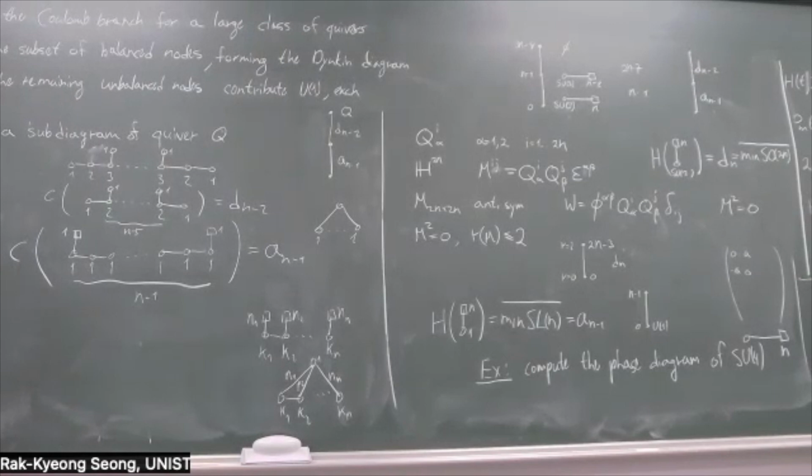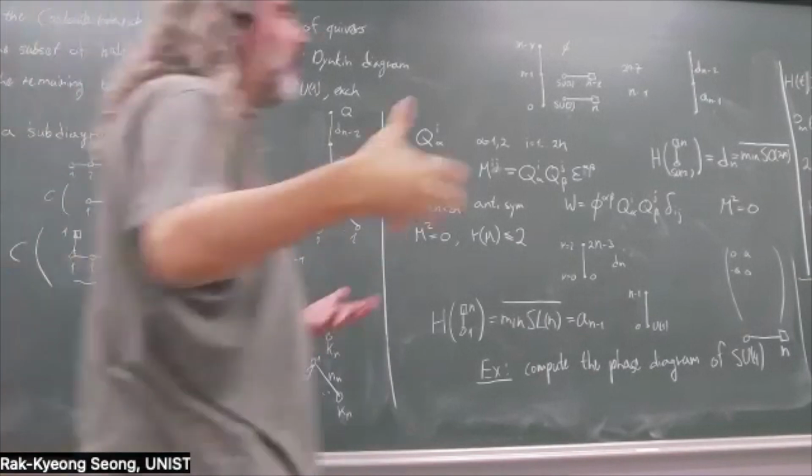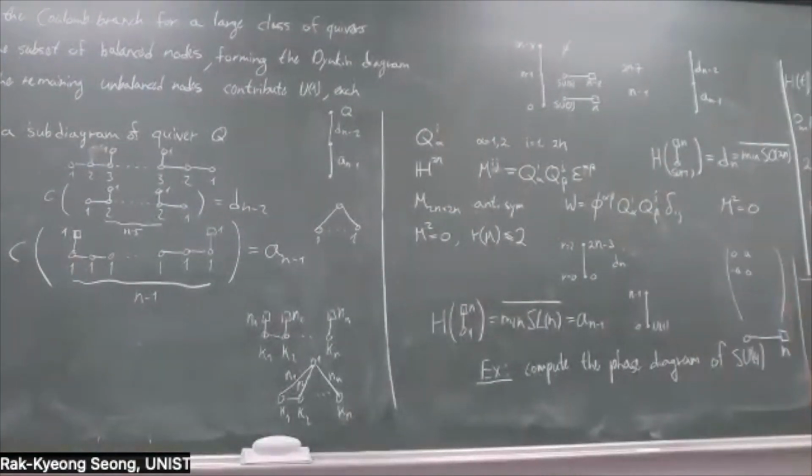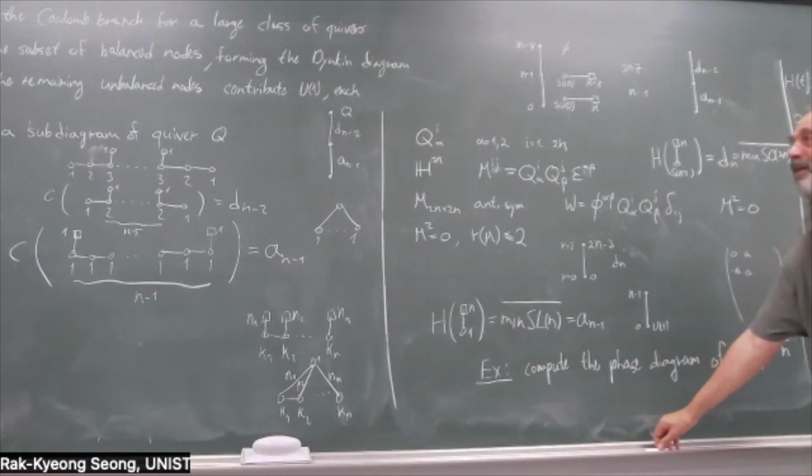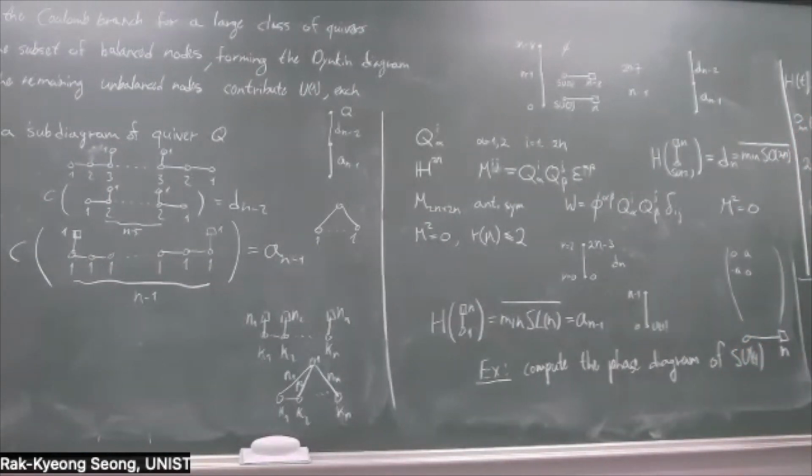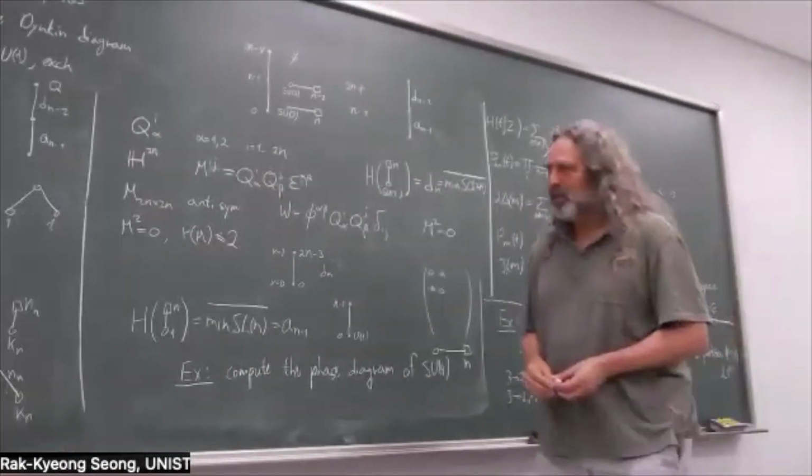Complementary, yes, that's the word I was looking for. They are complementing each other. If you are powerful enough, I would suggest that you compute the Higgs branch. So there is the property of inversion.